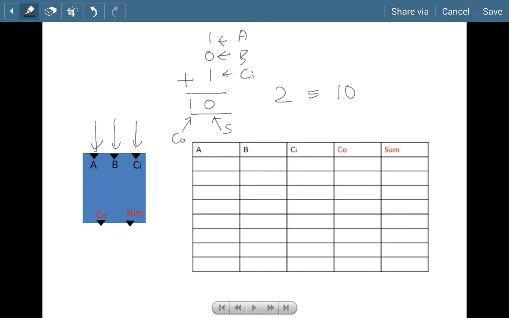So we are trying to add 1 plus 0 plus 1, and we would have designed some complicated circuitry, being some combination of AND gates and XOR gates and so on, connected together in series.